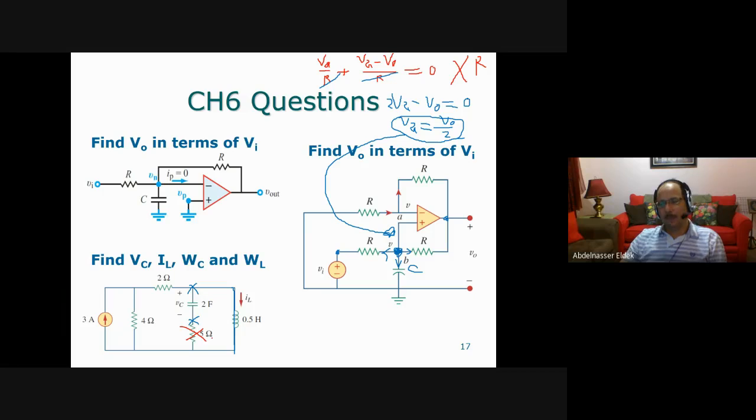You can remove this one also. Then now you will have this circuit. You have this 2 ohm and a short circuit and 3 ampere. So you have this 2 and you have a 4 ohm resistor.